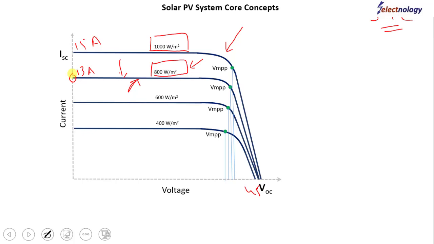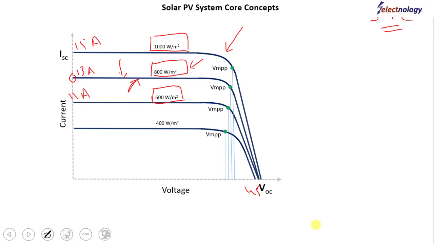Similarly, if the solar energy is 600 watt per meter square, we can see that the graph is shifting down. Let's assume that it may be, for example, 11 amperes or 10 amperes. So at 600 watt per meter square of sun energy, the maximum possible current to be supplied by the PV module could be 11 amperes, or whatever the relationship is defined by the manufacturer.